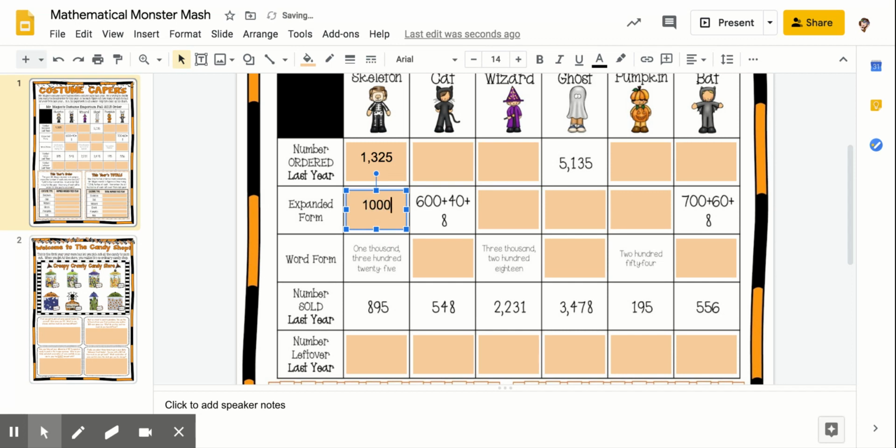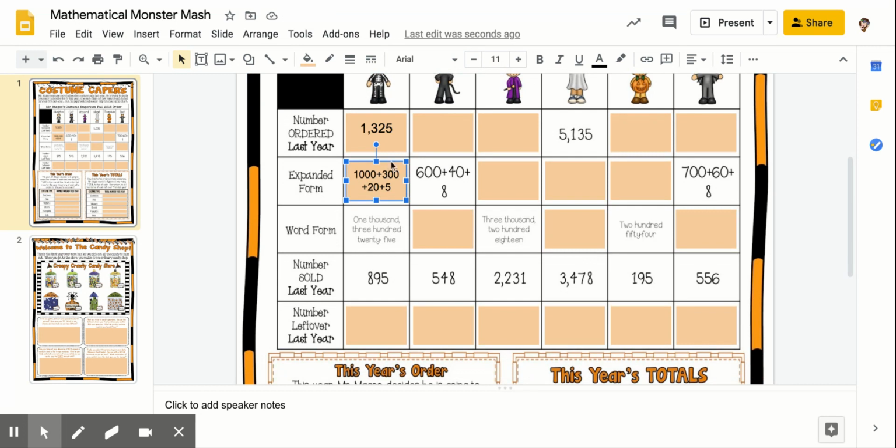That would be 1,000 plus 300 plus 20 plus 5, right? And that doesn't really fit, so you can scale that down to fit if you need to. So now I know the number that he ordered last year, put that in expanded form and put that in word form.